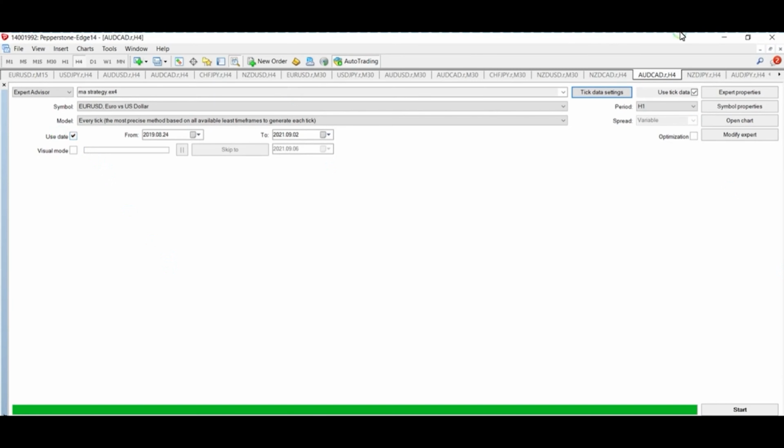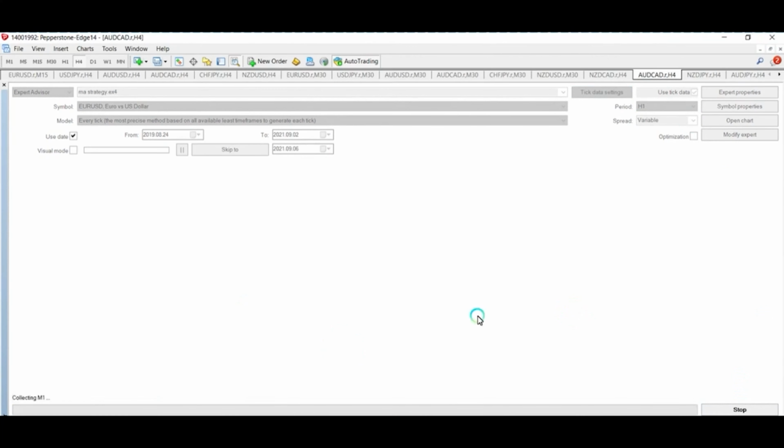Without this tick data, you can't even tell if a strategy works or not, because with only 90% tick data, you won't know if it works, because it can go the opposite way than in the test. But with 99.9% tick data and variable spread and commission, you can actually see how it will work. So let's see. Hit start and let's see how it works on every tick data.